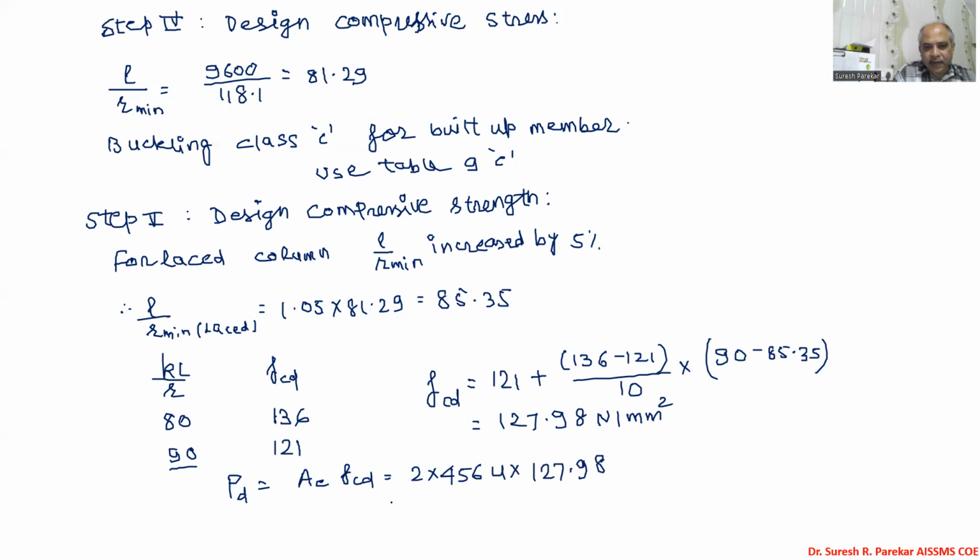From this we will get the value of PD, 2 into 4564 into 127.98, and it comes 1168.2 into 10 raised to 3 Newton, equal to 1168.2 kilonewton, greater than 1100 kilonewton, therefore safe.